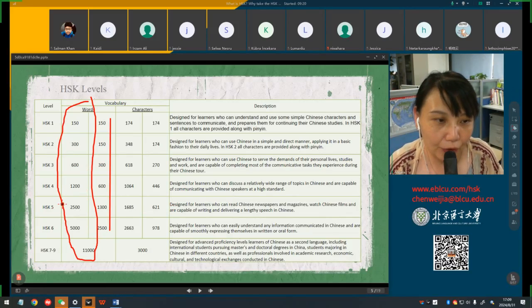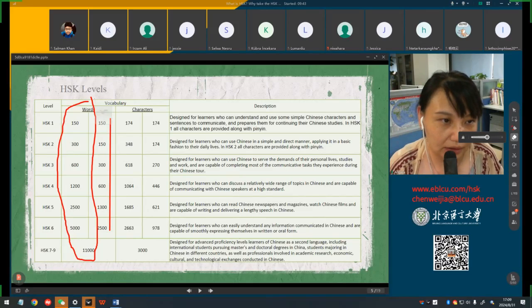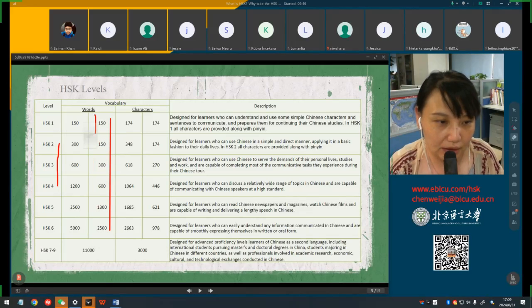You can see that HSK 1 to 3 is still okay, not a lot. But starting from HSK 4, the word requirements grow rapidly. So it definitely needs more hard work from HSK 4 and above. And you may notice that for HSK 7 to 9, the requirements are double those of HSK 6.